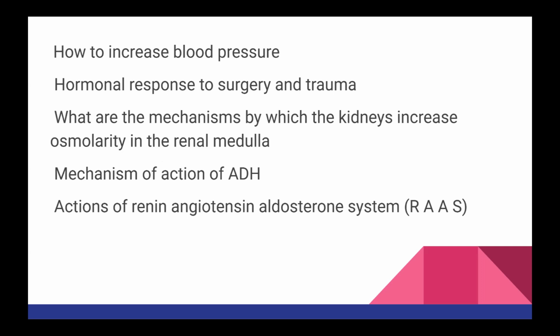We can give IV fluids to the patient. We can also start the patient on inotropic supports like epinephrine and norepinephrine, and also give the patient vasopressor agents. We can look for any hemorrhage and try to stop the bleeding. Yes.